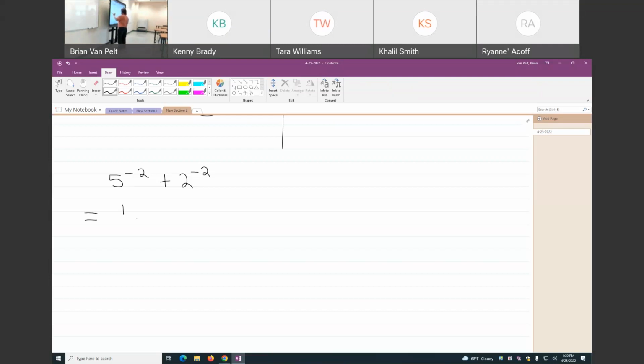So the first thing is, before you do the addition, get my exponents done. Right now, in order to add these fractions, we need a lowest common denominator. The LCD here will be 100, that's 4 times 25.